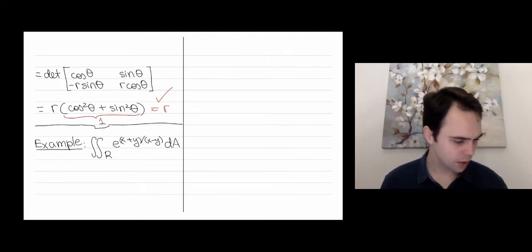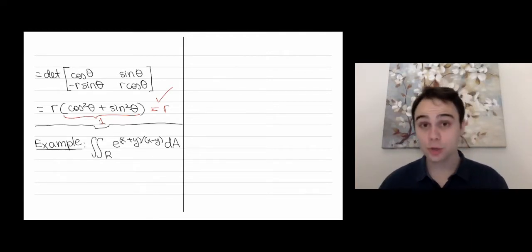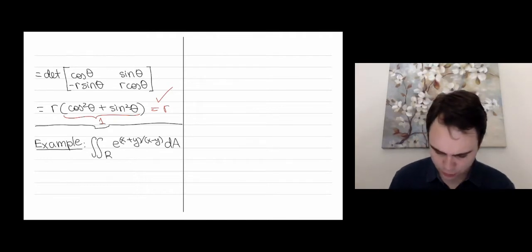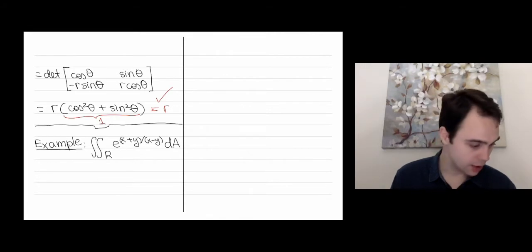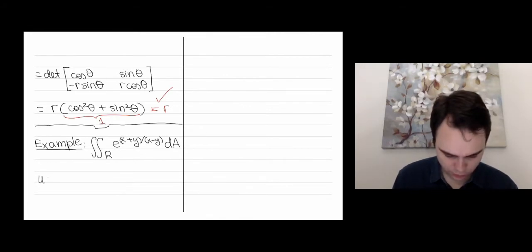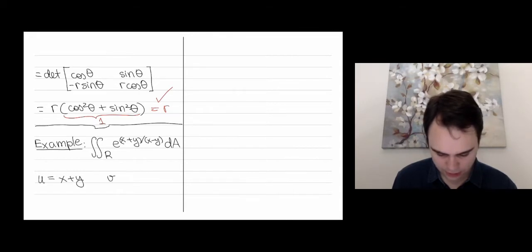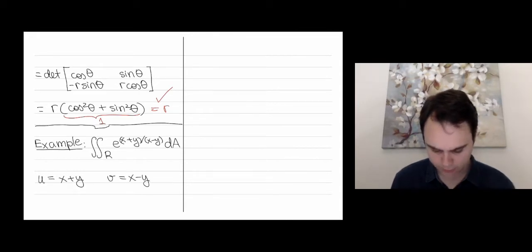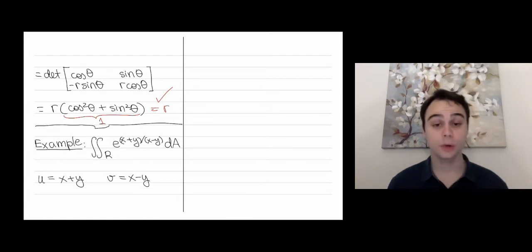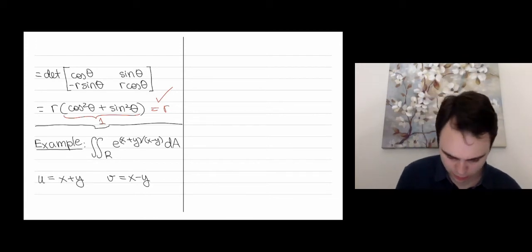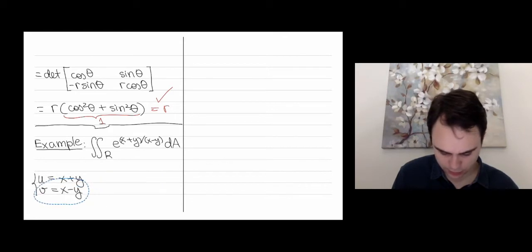I'm going to draw the region in a second, but we're supposed to compute this integral using these new coordinates: u is x plus y, and v is x minus y.